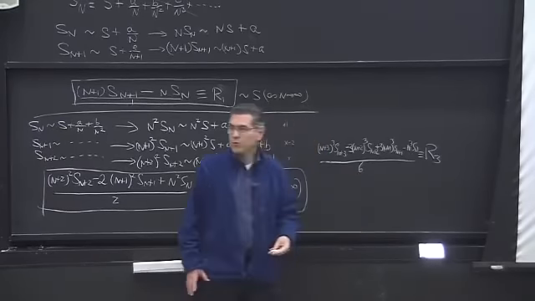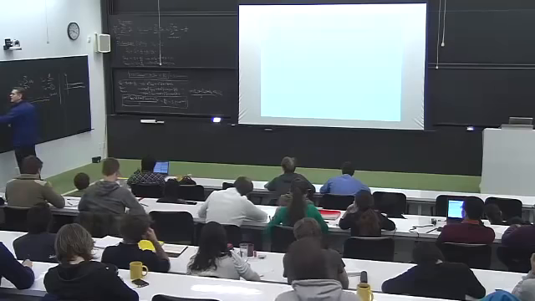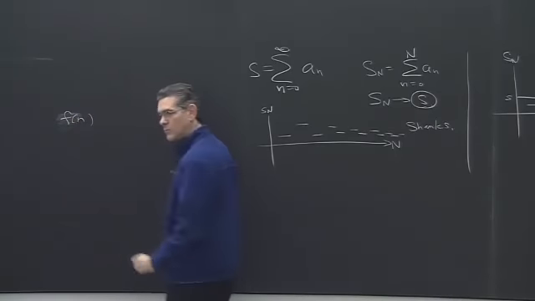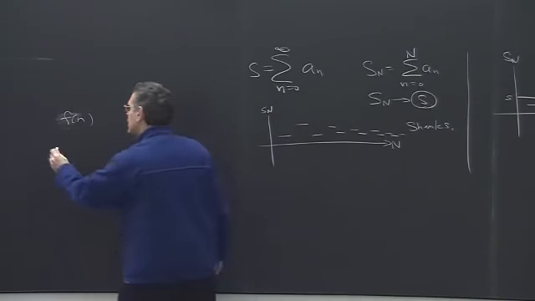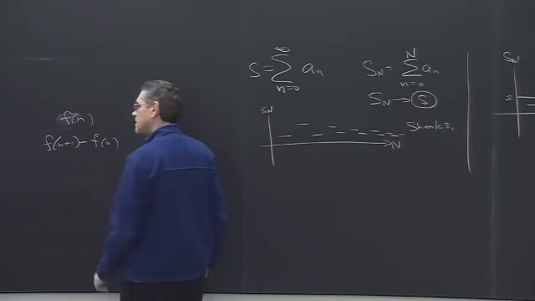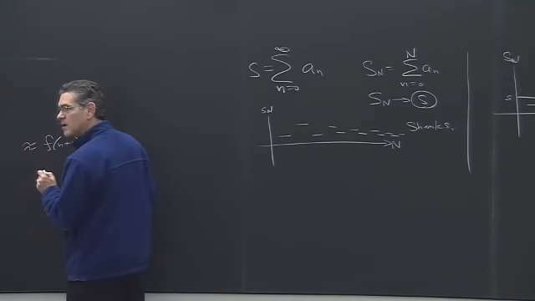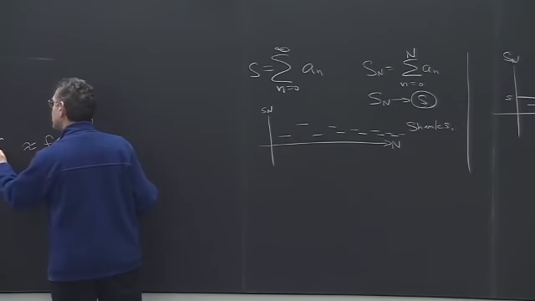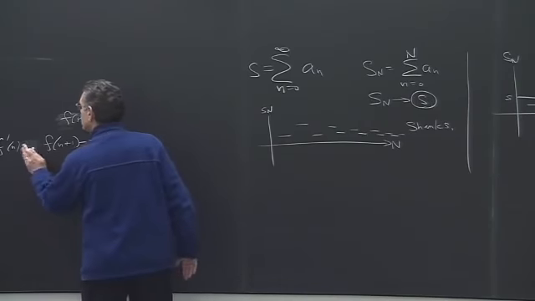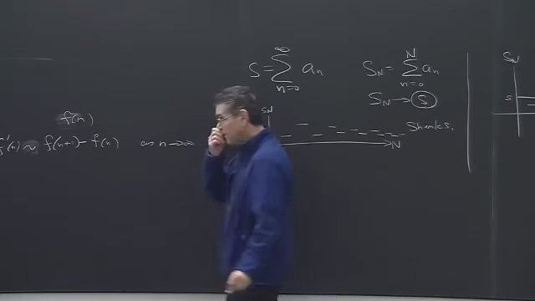Because if you have a function of n, let's say f of n, if you calculate f of n plus 1 minus f of n, this is very much like the derivative of f. This is like f prime of n. In fact, this is asymptotic to the derivative as n goes to infinity.